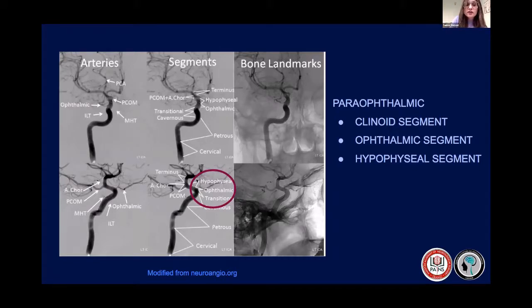So for convenience, all three segments together are called the paraophthalmic. If you want to segregate aneurysms in these three segments, well and fine. But if you want to put them together in one group, paraophthalmic would be fine.